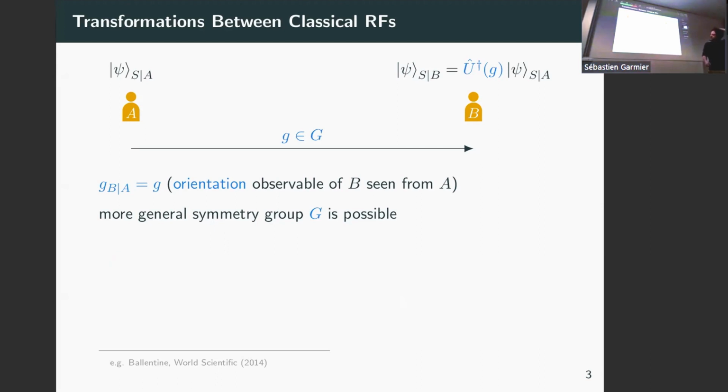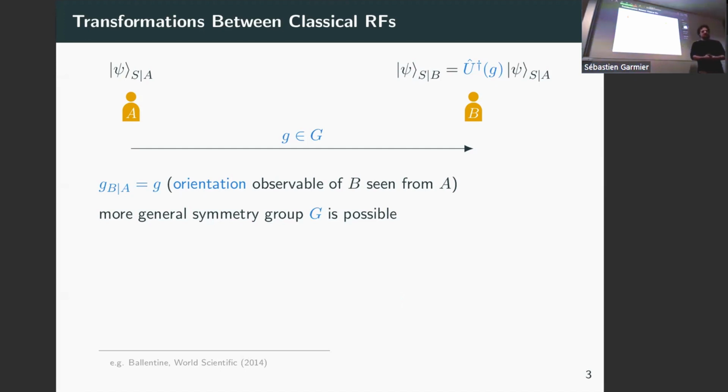So one thing to notice is that in all this, we could call this a little framework of reference frame transformations. All the frames are classical because they always have this definite value for the orientation. All we ever care about in a frame, really, to do the transformation, is the orientation, right?